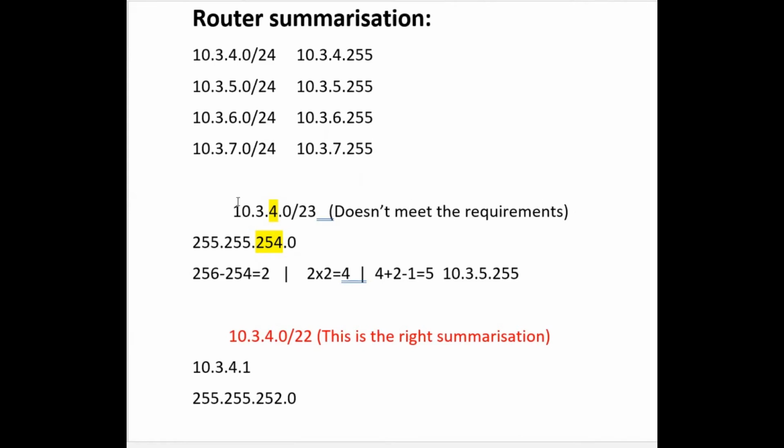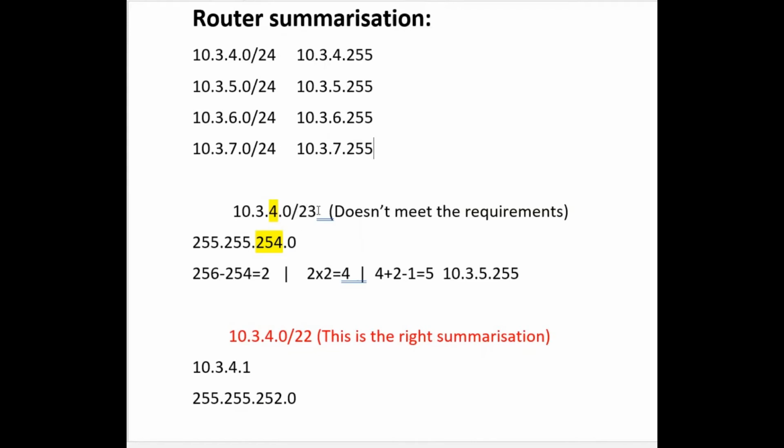We have the subnet ID and the subnet mask. First, we take the smaller number, which is 10.3.4.0, and try with a shorter prefix, such as /24. We already know that result, so we try /23.